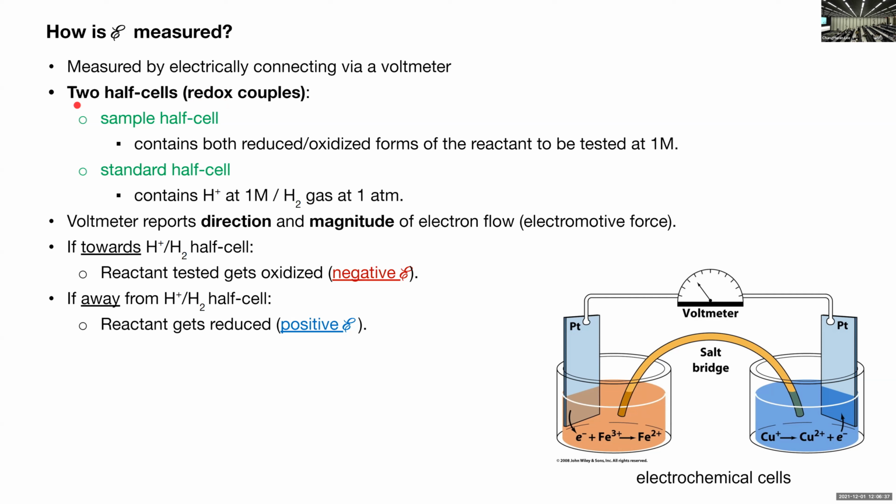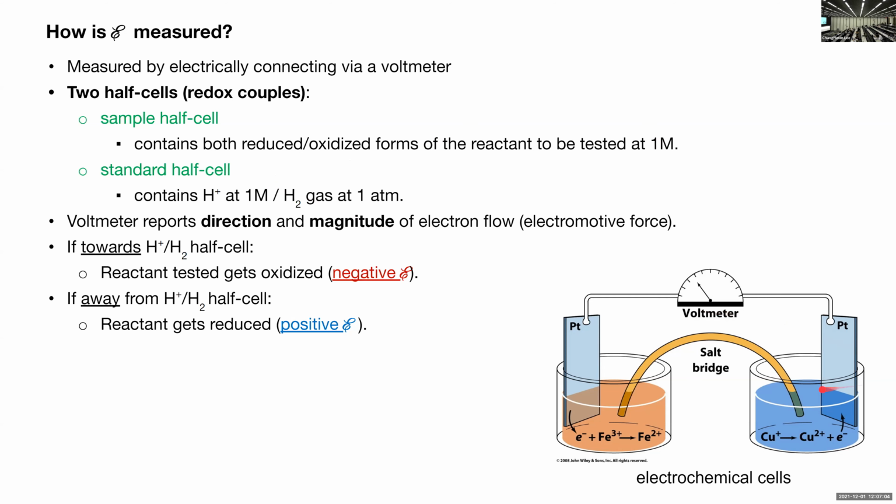So there must be two half cells which contain two half reactions, basically, that's the redox couple. One contains the sample half cell that you're going to measure for its reduction potential. It can contain either reduced or oxidized forms, depending on what you're measuring. But it has to be at 1 molar because you're measuring the standard reduction potential.